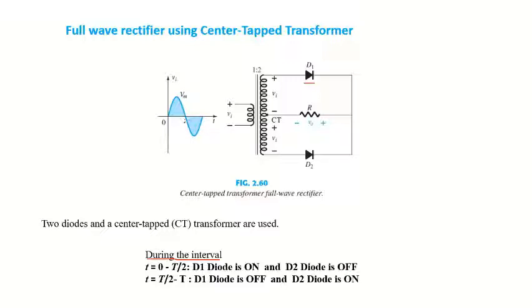Whereas for the negative half cycle, we are just reversing the potential here, positive negative positive negative. So D2 will be on, and we are getting the output again at resistor R, and D1 will be in the off state because they are disconnected, and current will not flow here. The only direction is this one.